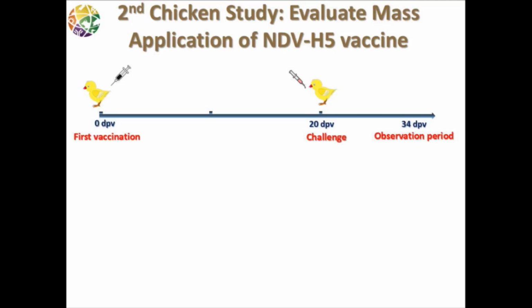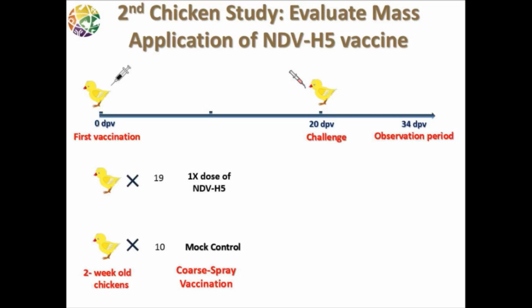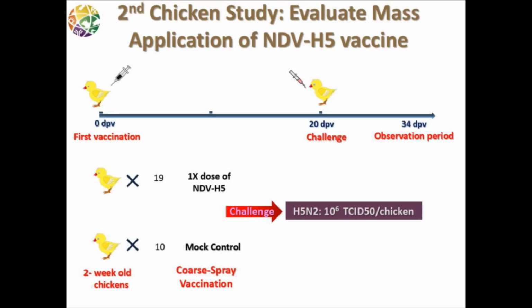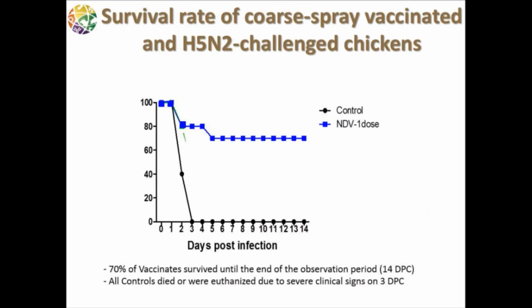chickens with approximately 10^6 TCID50 per dose, and 20 days post-vaccination, we challenged them with the same H5N2 virus. And here is the outcome of this trial.